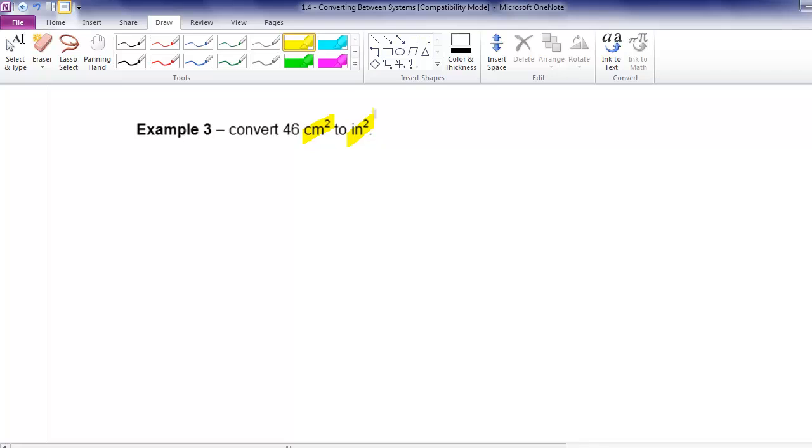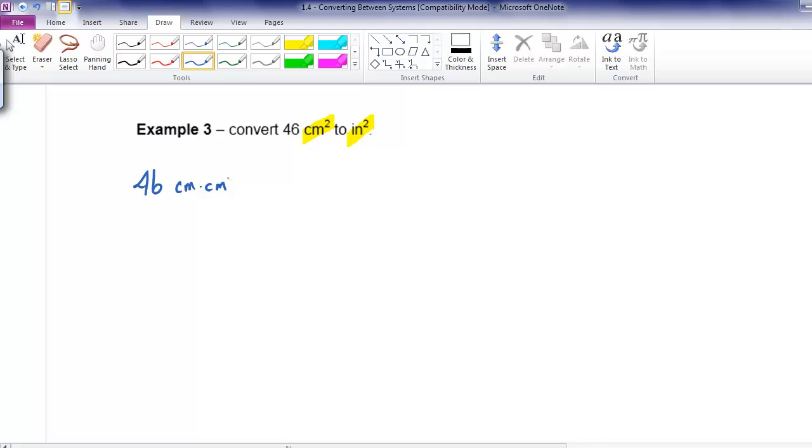Having said that, we could go ahead and do a unit analysis approach because we do have centimeters to inches. And if we treat centimeters squared like the exponential definition, centimeter times centimeter, well, what we could do is look at 46 centimeters squared as something like this.